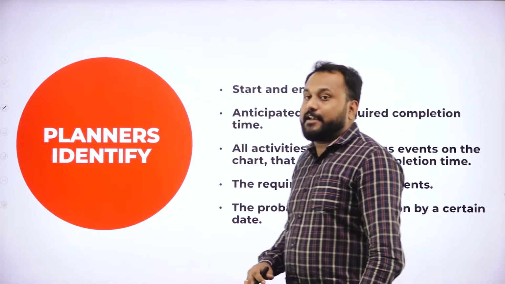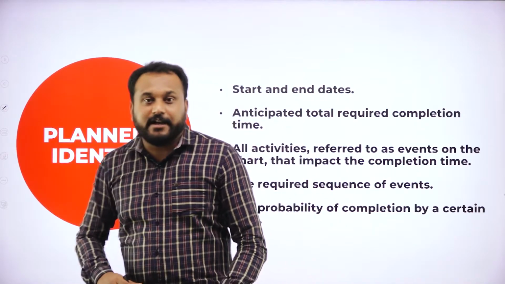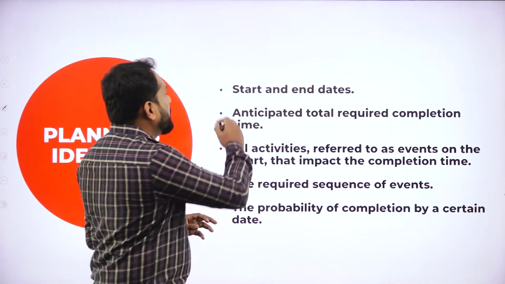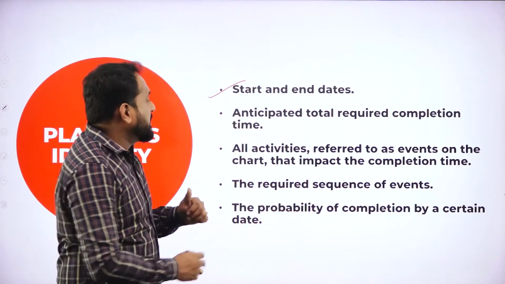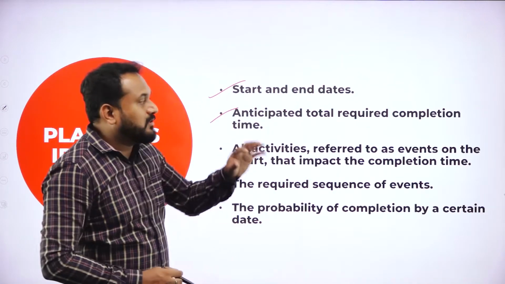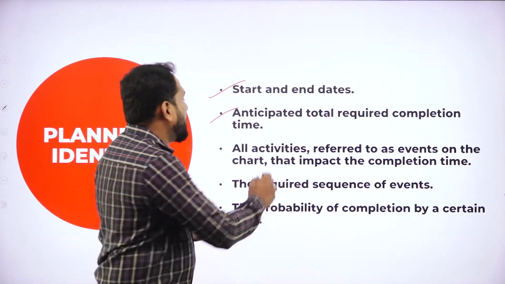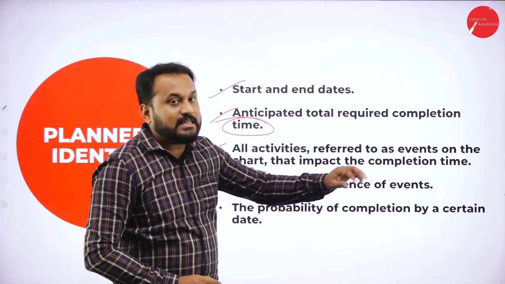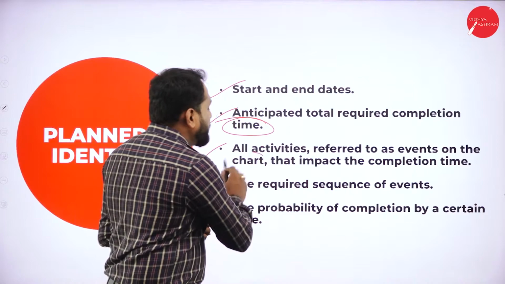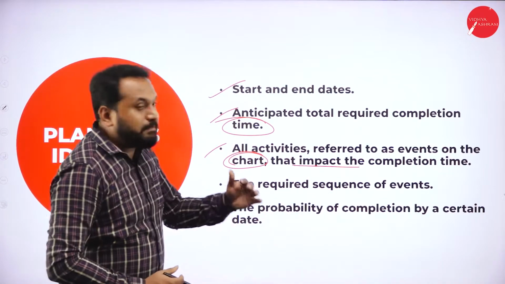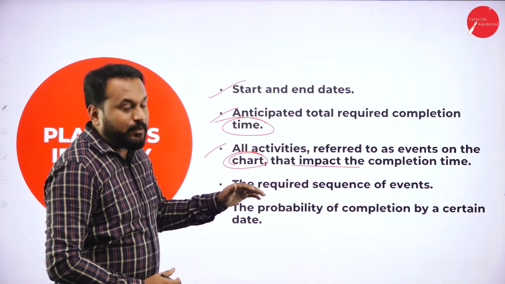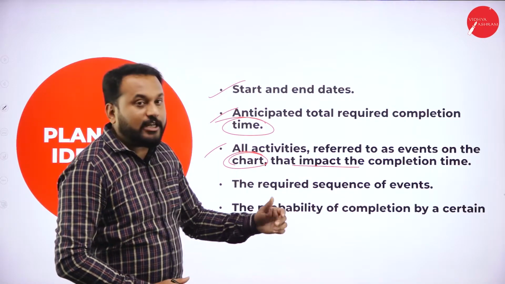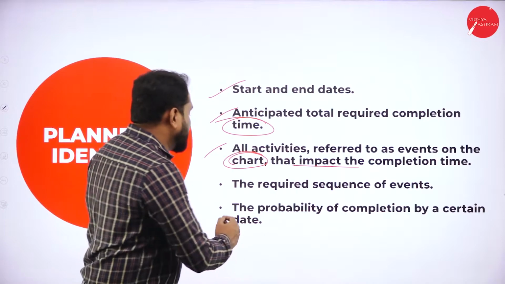Now how is it that the planners will identify those things? I've given you a few of the steps. The first one is they'll get to know about the start and end dates. Second is anticipated total required completion of the time. Third one is all activities referred to as events on the chart that impact the completion time. And lastly, we have the requirement sequence of events and the probability of completion by a certain date.